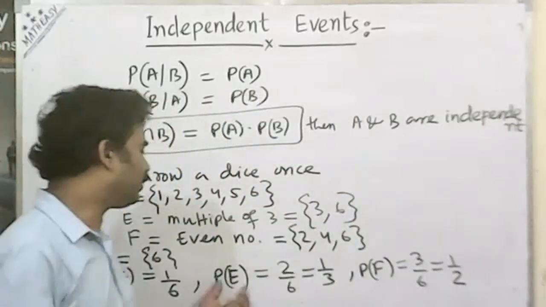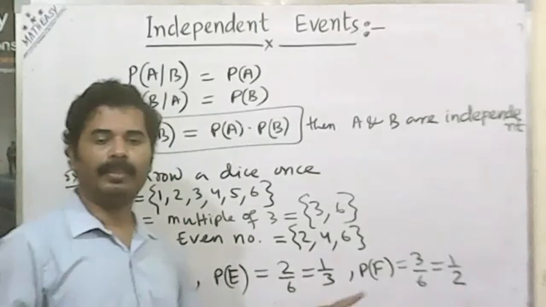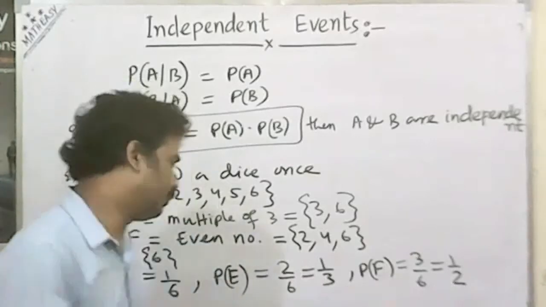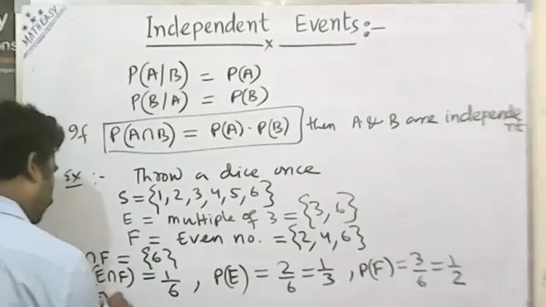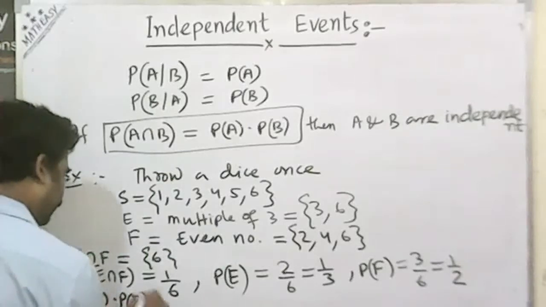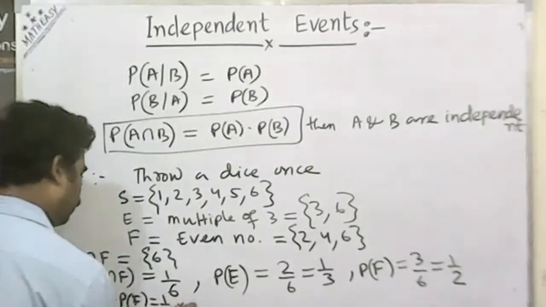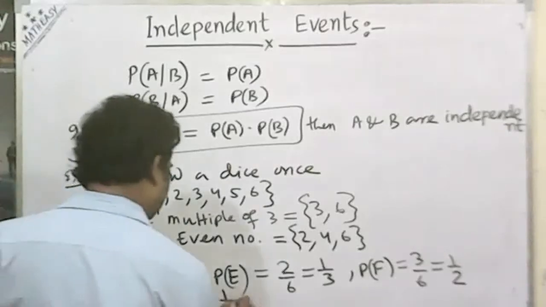Now, probability of E into probability of F, it means 1 by 3 into 1 by 2, which is equal to 1 by 6.